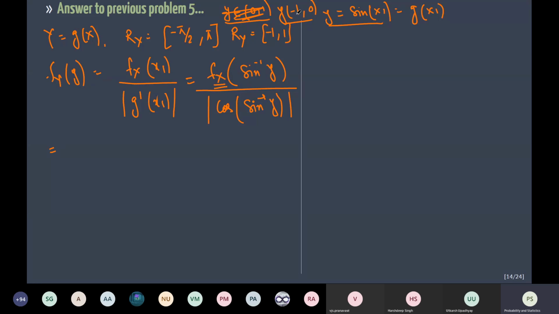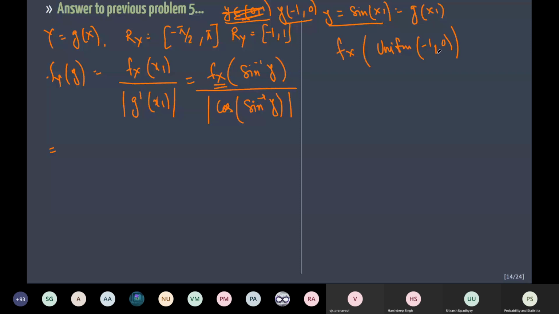We are looking for uniform over -1 and 0. So this is the PDF of the random variable which takes values between -1 and 0, uniform -1, 0.